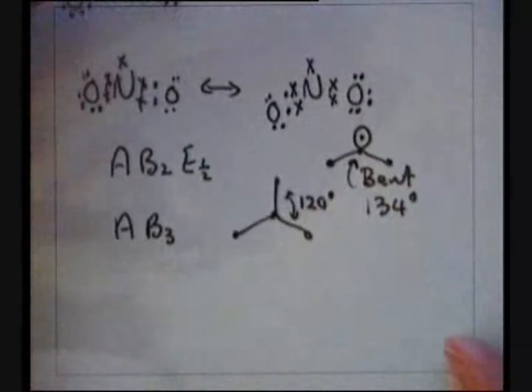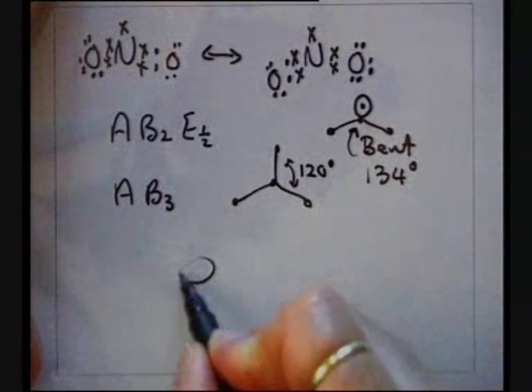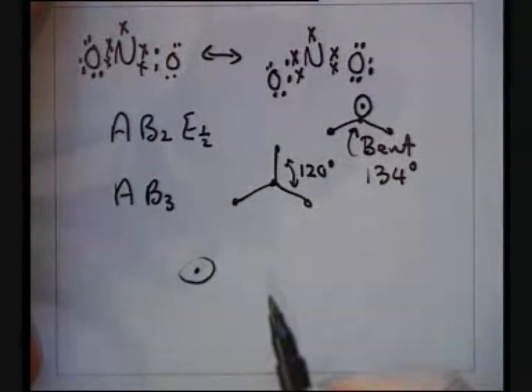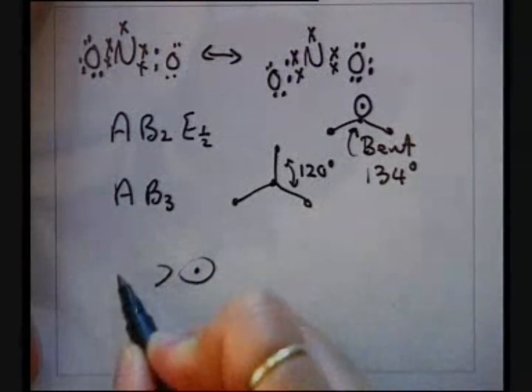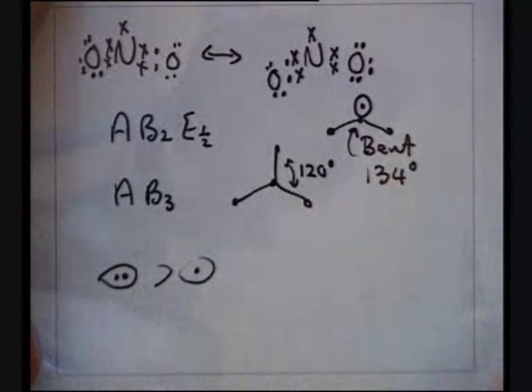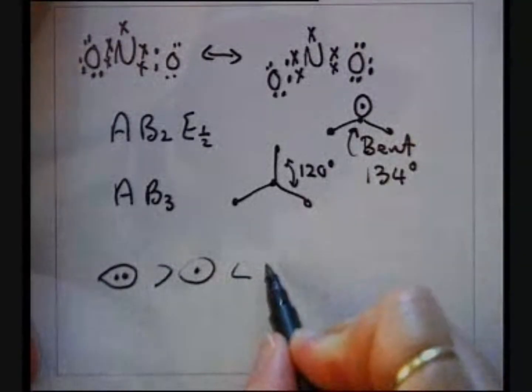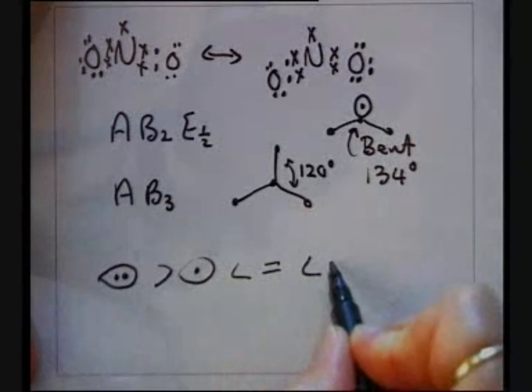The reason being that the volume of one lone electron is smaller than the volume of one lone electron pair. And that will be smaller than that of a double bond, smaller than that of a single bond, etc.